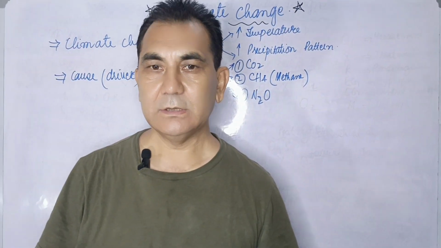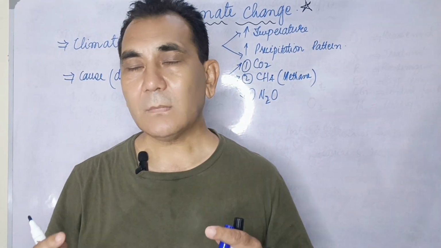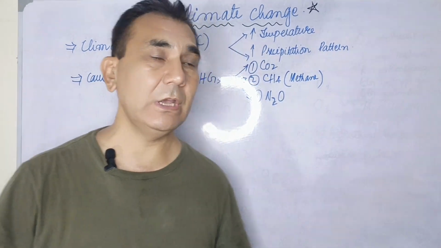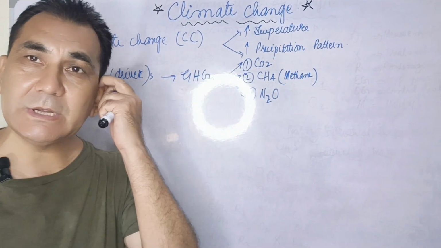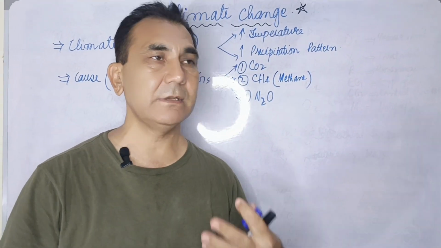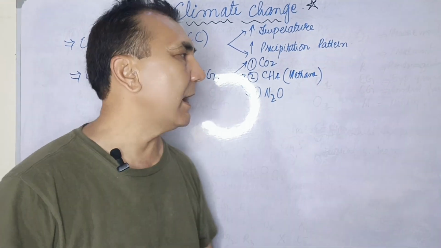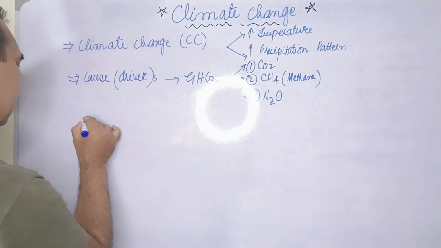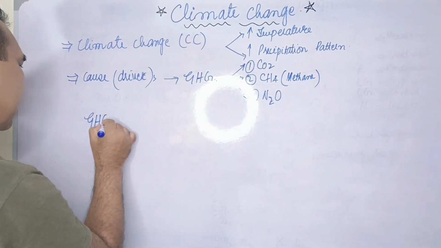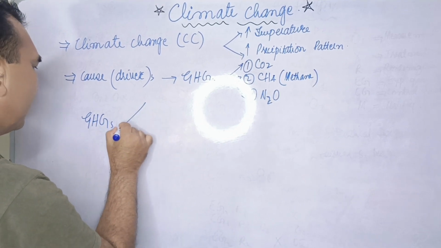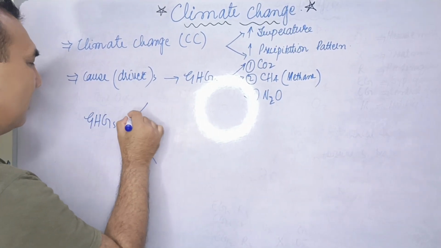These three types of gases are increased or released in the atmosphere by a few methods. Greenhouse gases are produced or released by human activities.